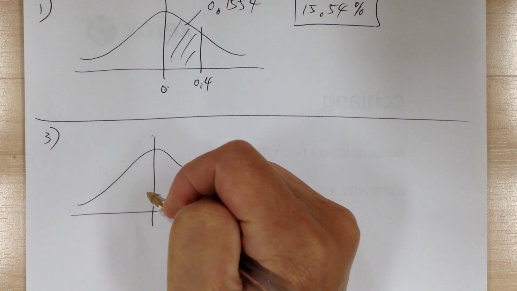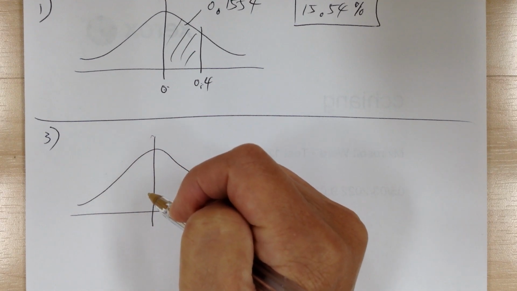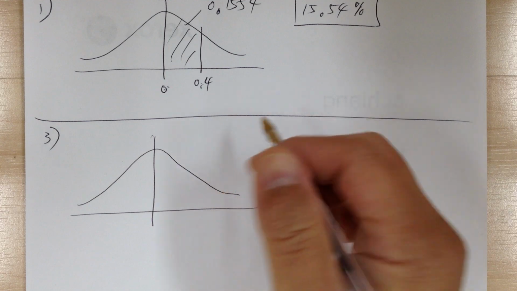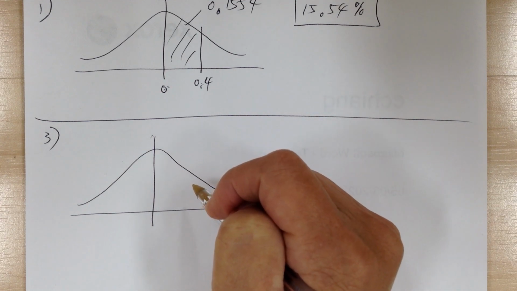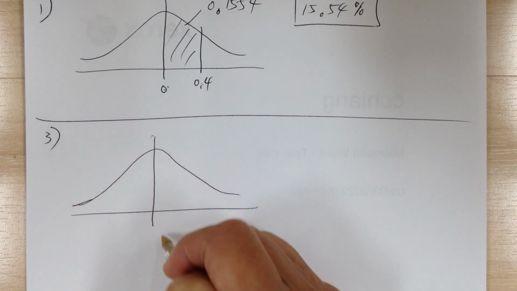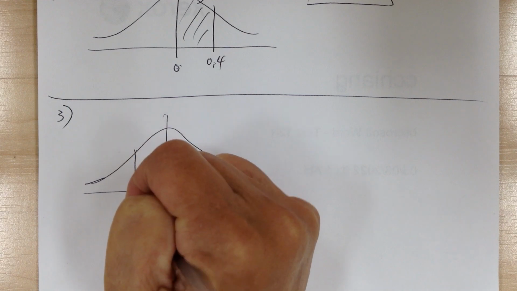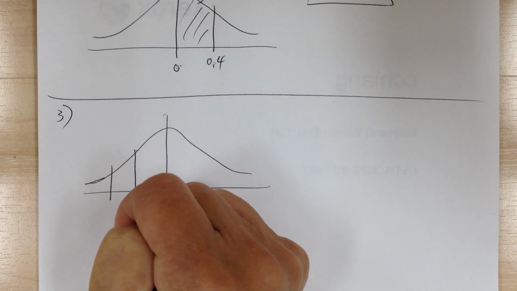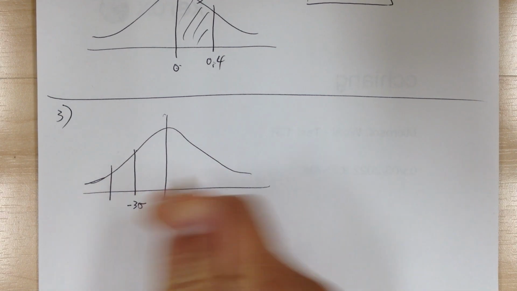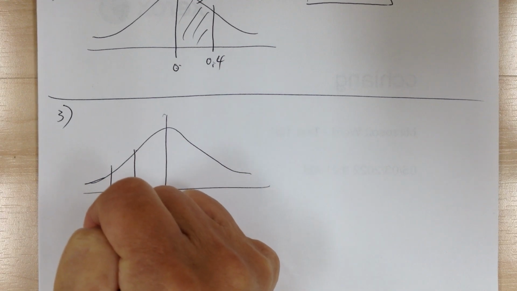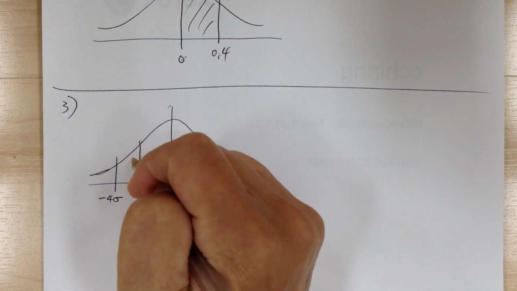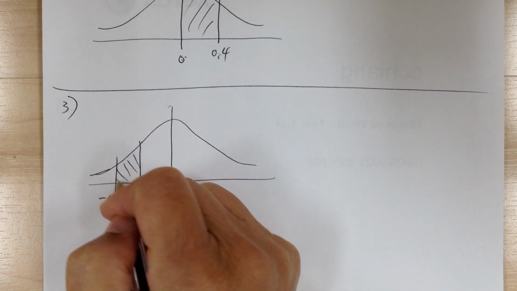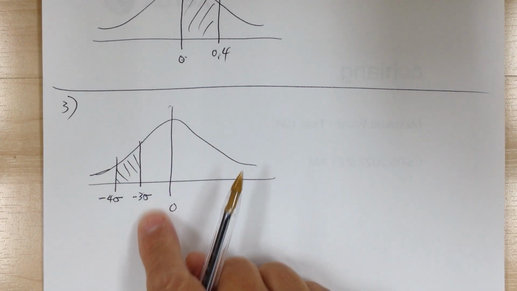You're looking for between 3 and 4 standard deviations below the mean. So here's the mean, and here's your minus 3 standard deviation because it's below, so it's negative. And it's negative 4 standard deviation. So you're looking for between 3 and 4 standard deviations below the mean. That's what it means.